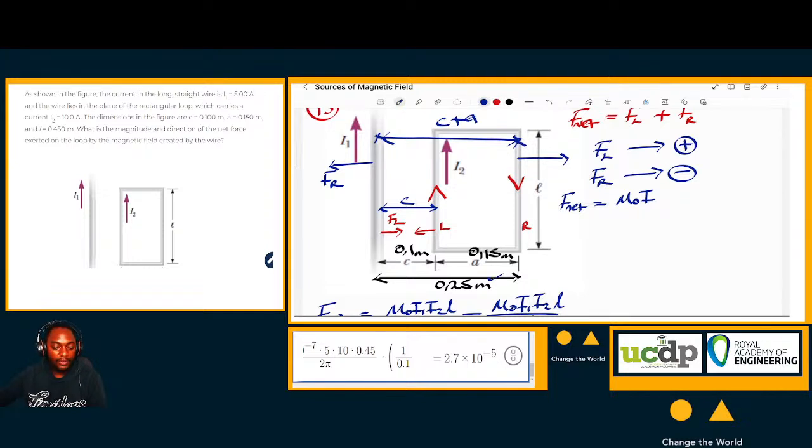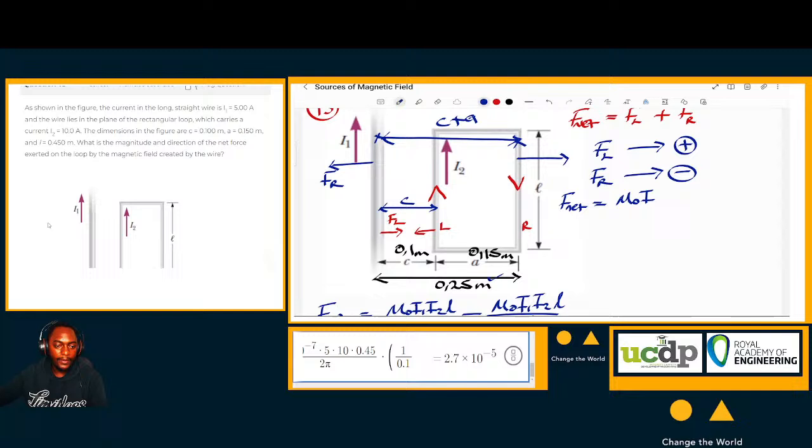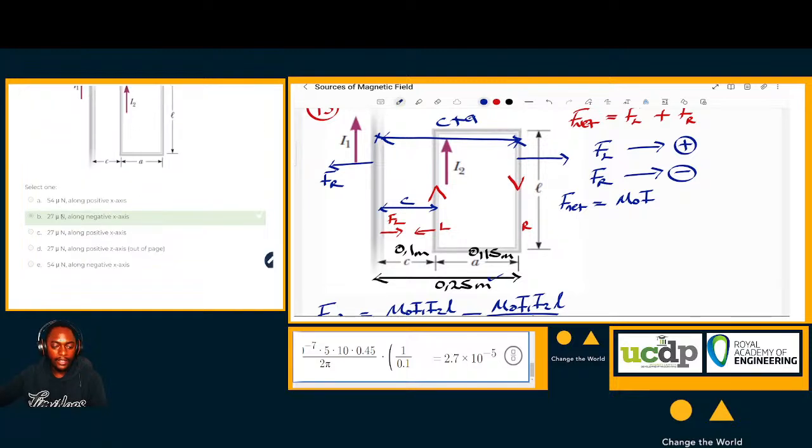So let's see if we've got it. Definitely not out of the page. So that's not 54. So that's along the negative x-axis.